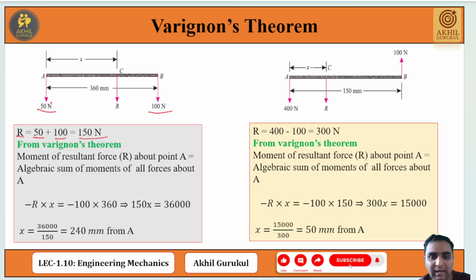Means these are like in nature, so we can add these parallel forces directly. So R is 150 Newton.